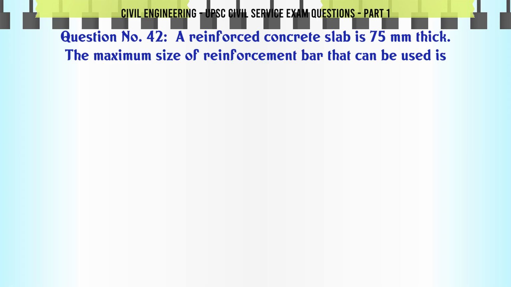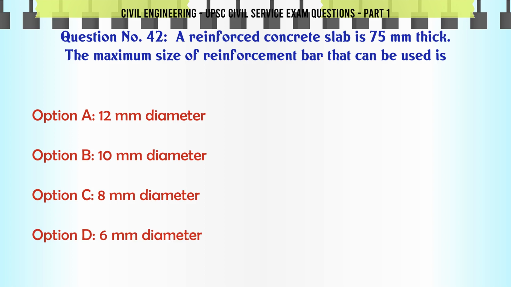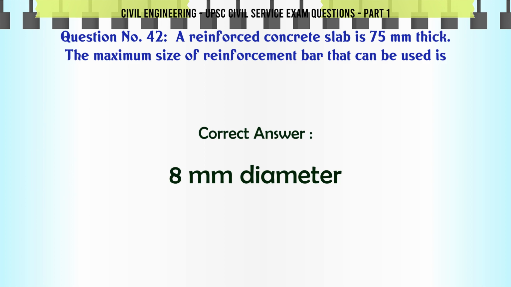A reinforced concrete slab is 75 mm thick. The maximum size of reinforcement bar that can be used is: A. 12 mm diameter, B. 10 mm diameter, C. 8 mm diameter, D. 6 mm diameter. The correct answer is 8 mm diameter.